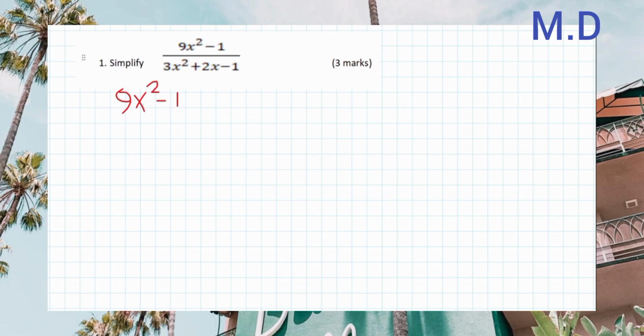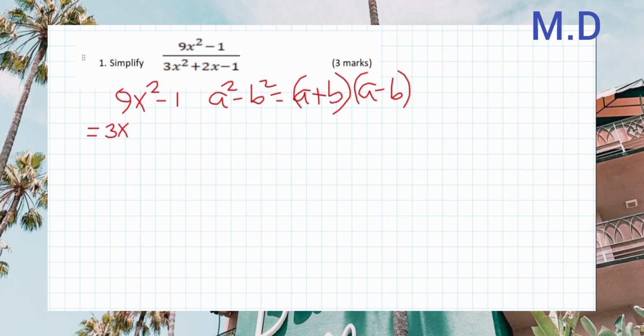To factorize this, we need to remember the binomial identity, whereby a² − b² is the same as (a + b) multiplied by (a − b). So 9x² − 1 becomes (3x + 1)(3x − 1). In this case, we have completely factorized the numerator.